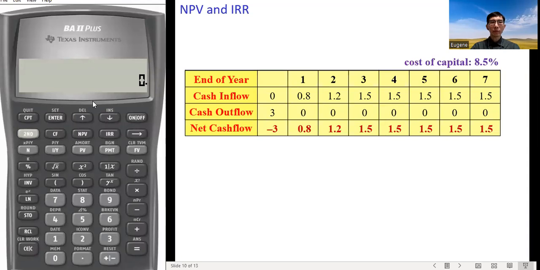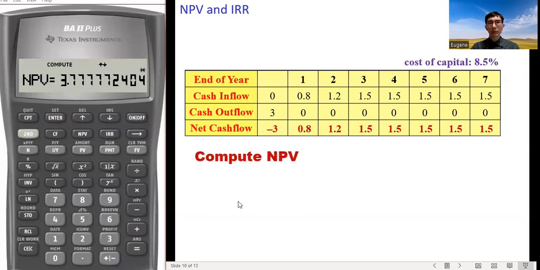To get the NPV, we press the NPV button, enter the variable I, the cost of capital, 8.5. And then we can compute the NPV. NPV is 3.77. And here, these numbers are all in $1 million.